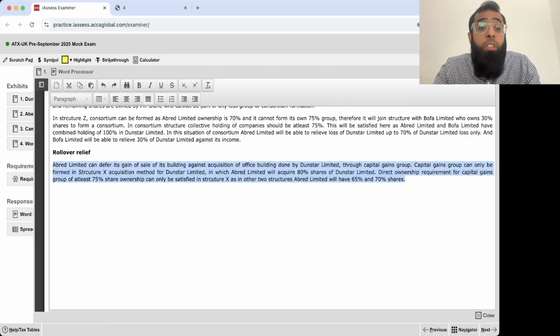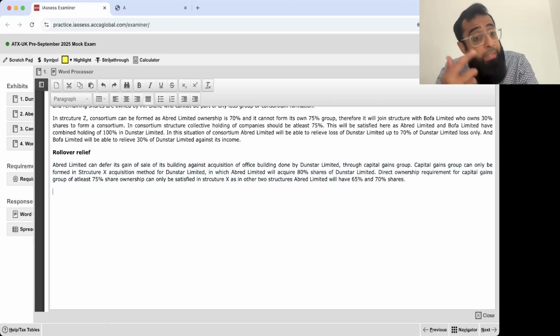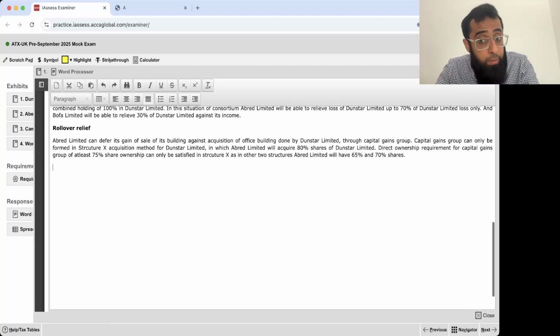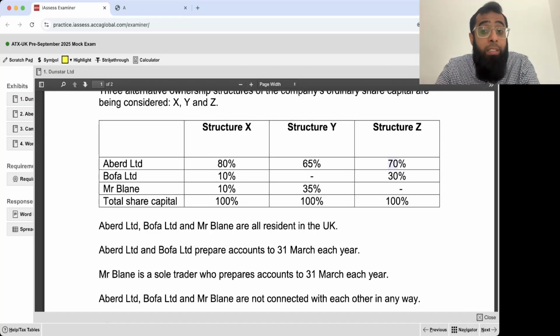In other situations, you have lesser shareholdings. First, we need to make that clear. At 65% and 70%, you cannot form a capital gains group. It will only be formed in structure X when your shareholding is at least 80%.